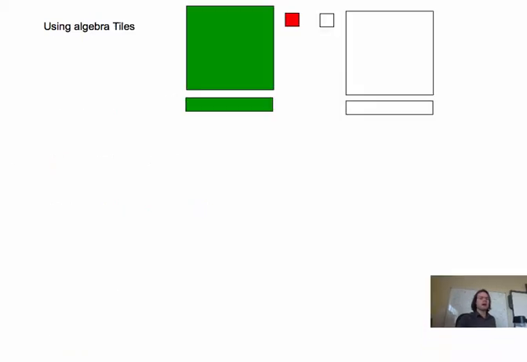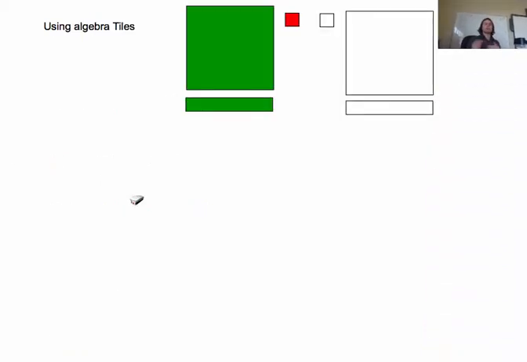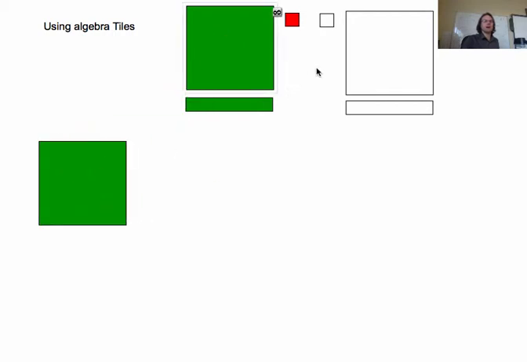Now, we're going to look here a little bit at combining things. I have some algebra tiles here, and I want to figure out what this is. These are positive, my colors are positive.